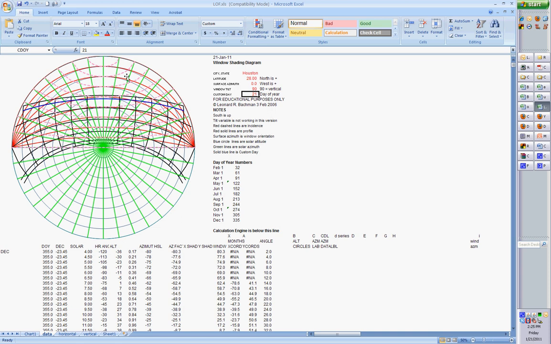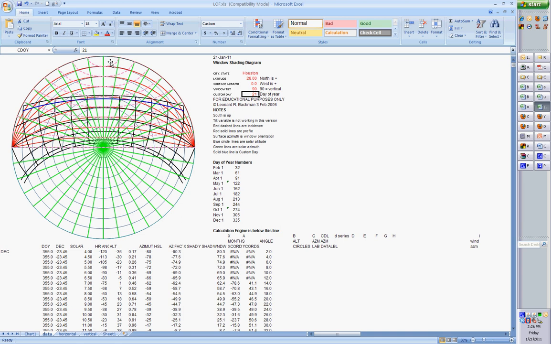Now, if we're interested in how that works relative to a window, the incidence angle for a window that's facing true south at that time, I have my surface azimuth at 0, so the incidence angle of these dotted lines, if I interpolate between 10, 20, 30, 40, and 50, the incidence angle is about 42 degrees.